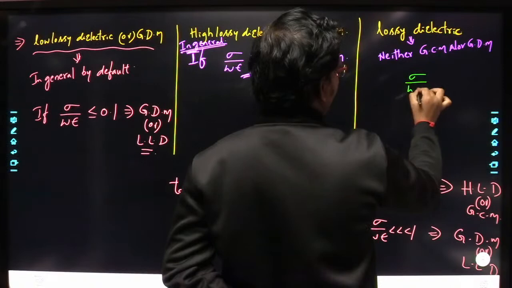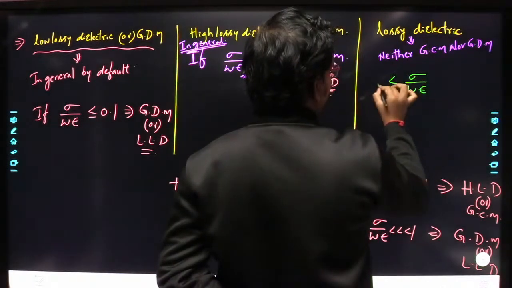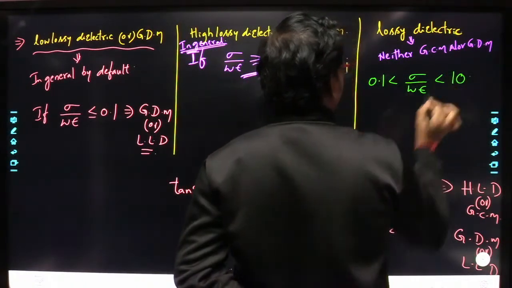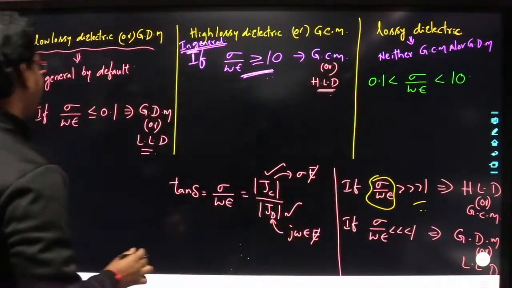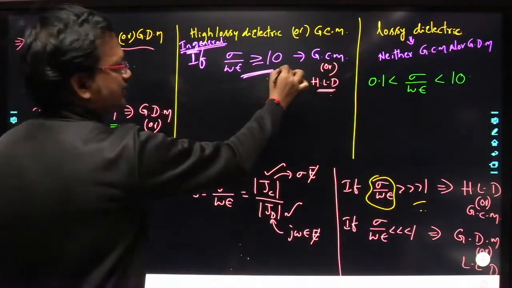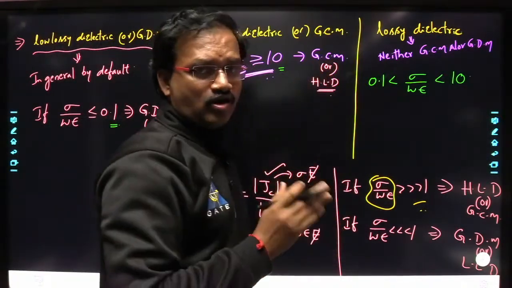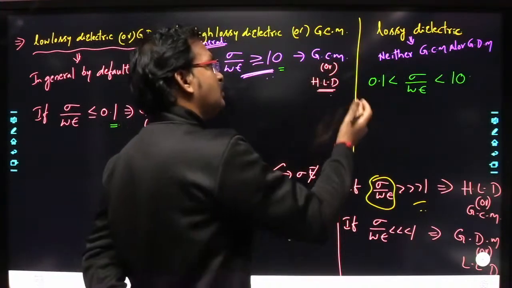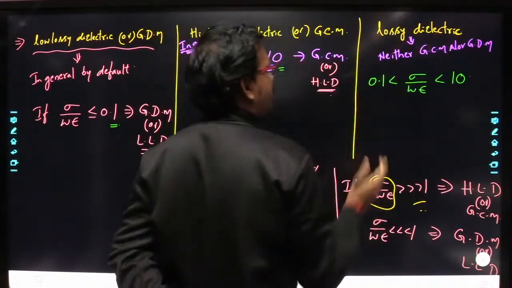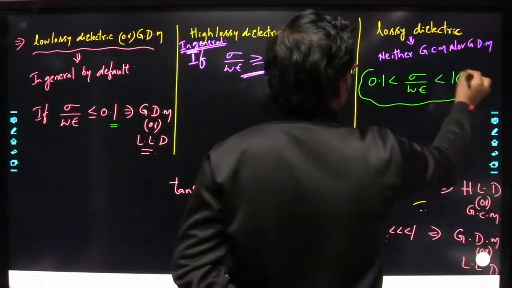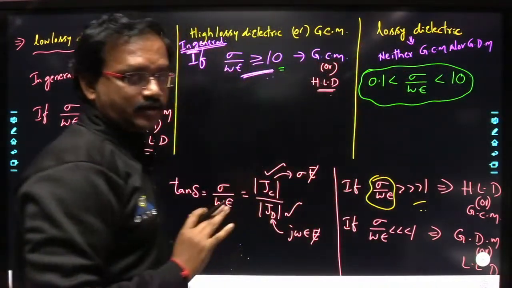It is going to lie between 0.1 and 10. If the sigma by omega epsilon ratio lies between 0.1 and 10, we treat the medium as a lossy dielectric, which generally means neither a good conducting medium nor a good dielectric medium.